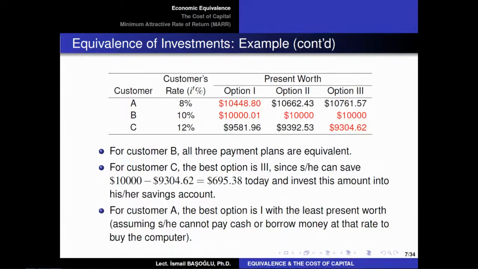In fact, if there is a chance for customer A to pay all of the products' price as early as possible, customer A can pay all $10,000 as a lump sum, as a down payment. So depending on what type of savings account you have, different options may be preferable by you.